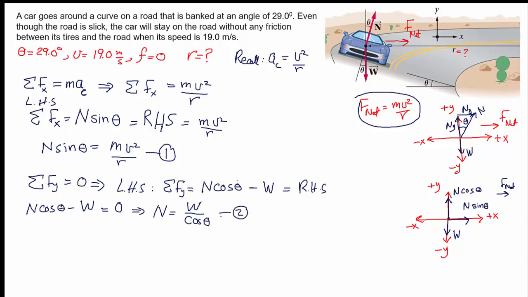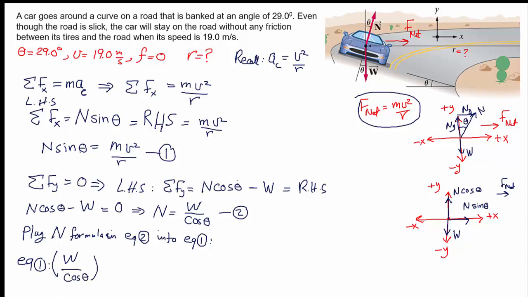So you can see here from equation number 2 a formula for the normal force, which we can plug into equation number 1. So plug the normal force formula in equation 2 into equation 1. If we do that, we replace n by w over cosine of the angle. So now equation 1 will become w over cosine of the angle times sine of the angle, equal to mv squared over r.